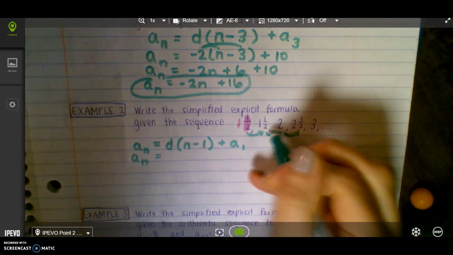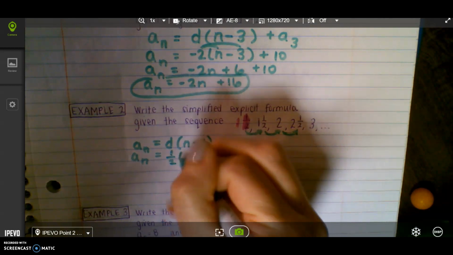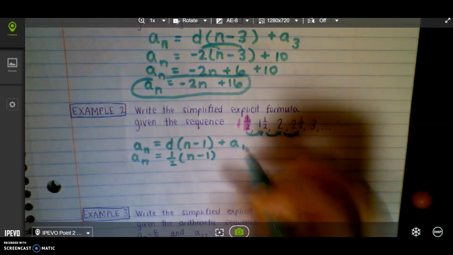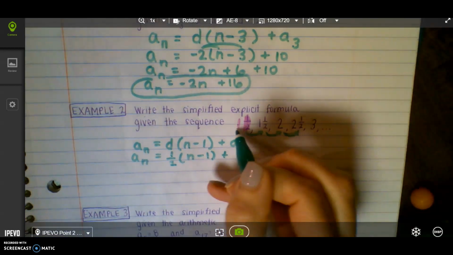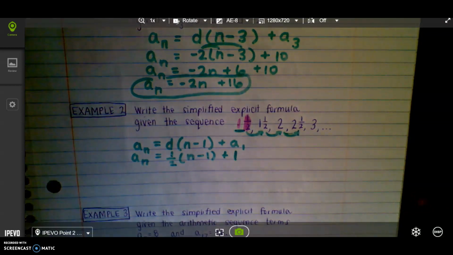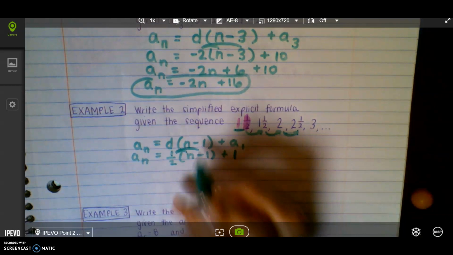So I'm adding a half every time. The common difference is 1/2 times n minus 1 plus, what was the first term? Well, we have the correct first term now is 1. I'll just distribute, combine like terms, so I'm distributing 1/2.